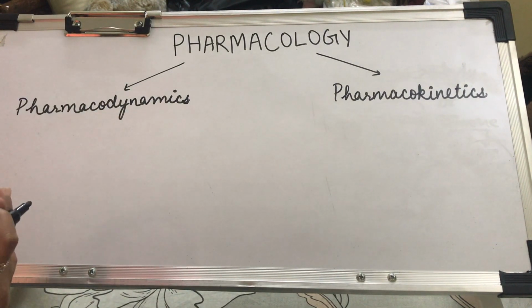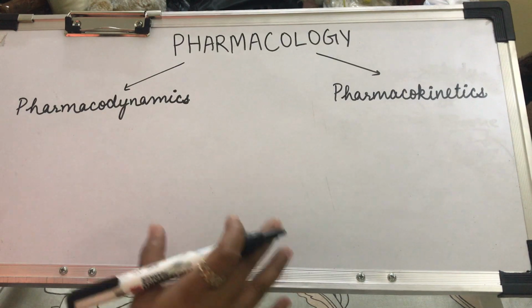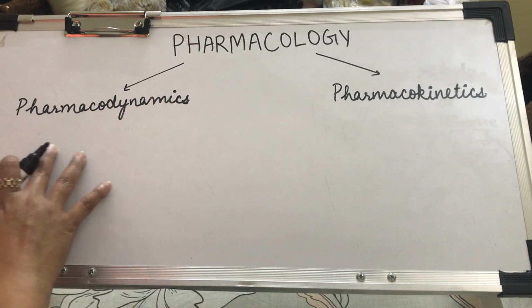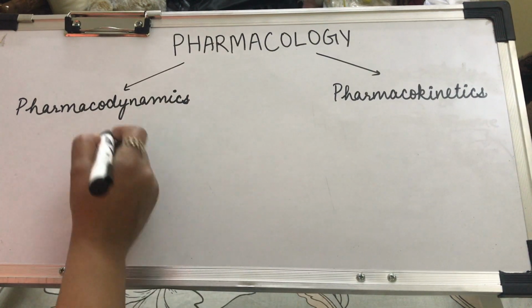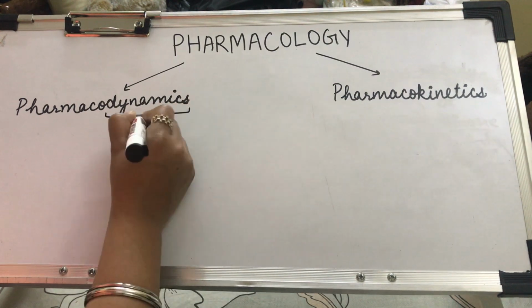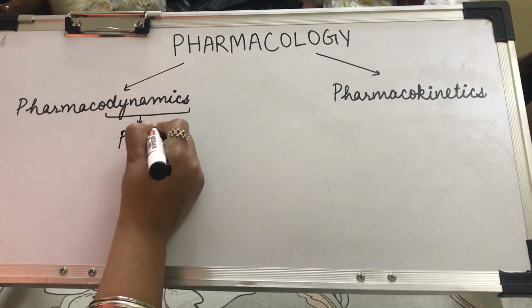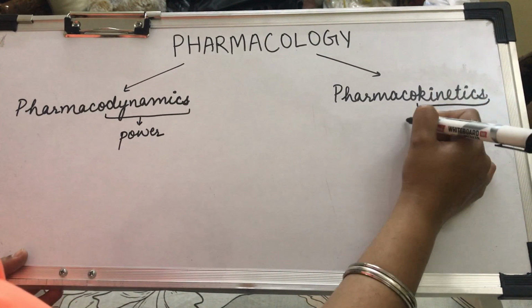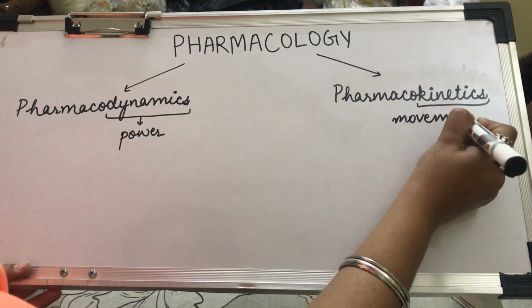So let us discuss the two main branches or two main divisions of pharmacology, that is pharmacodynamics and pharmacokinetics. In Greek, dynamic means power and kinesis means movement.